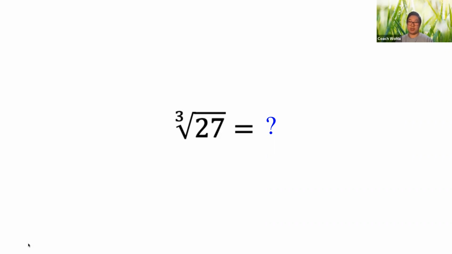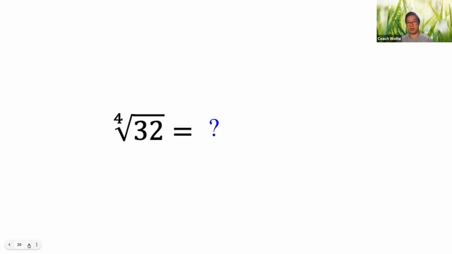Okay, let's go to the next slide. So it is 3, and that's because 3 cubed, 3 times 3 times 3, is 27. Okay, let's do one. It's the fourth root of 32. What would this be?